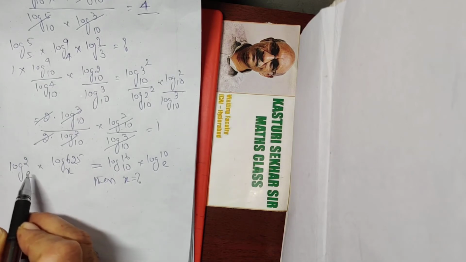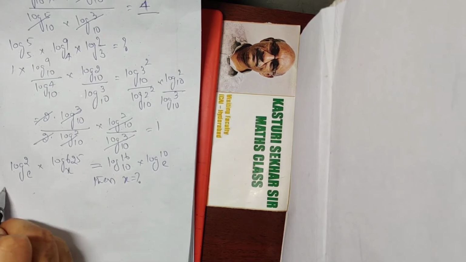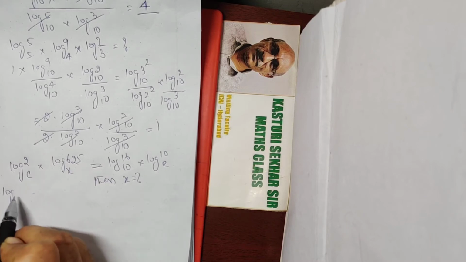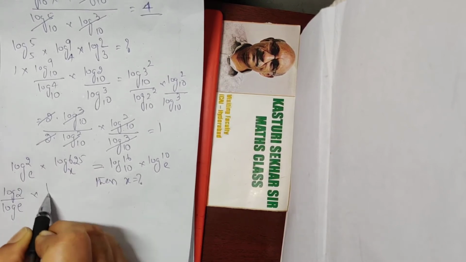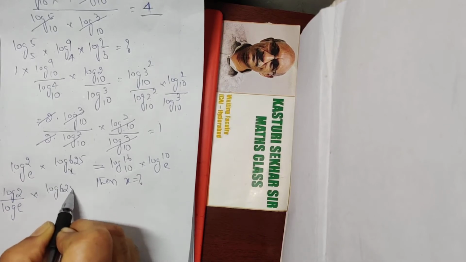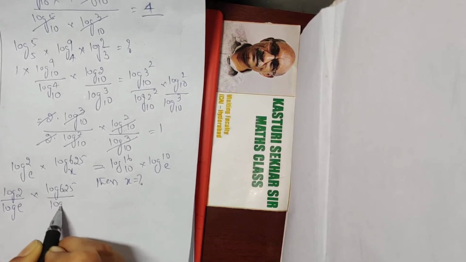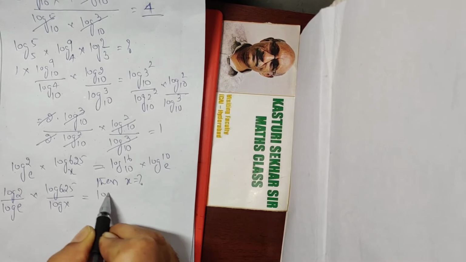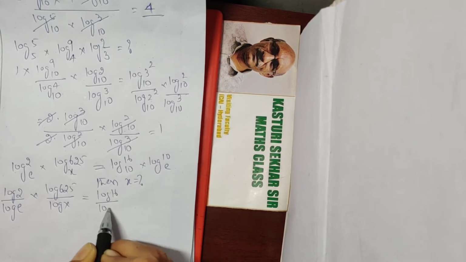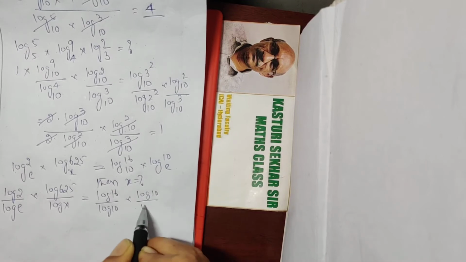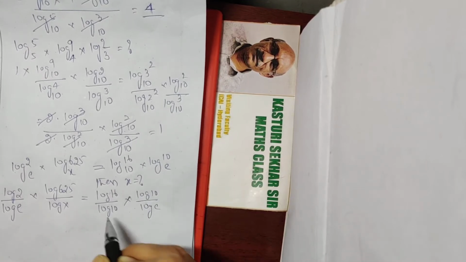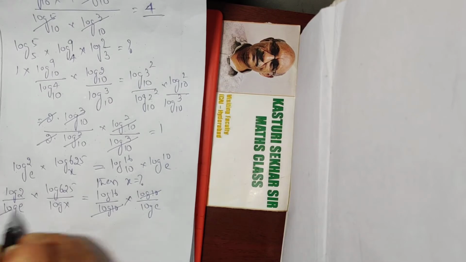Okay. Now again using base shifting concept, log 2 to the base e can be written as log 2 by log e into log 625 divided by log x is equal to log 16 by log 10 into log 10 divided by log e. Log 10 cancels, log e cancels.